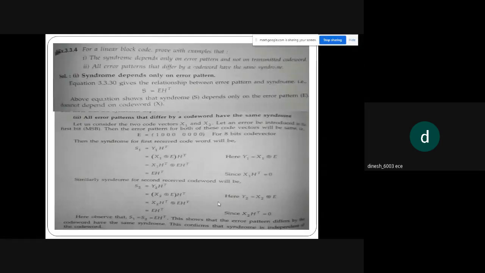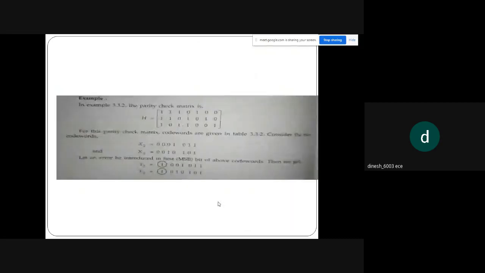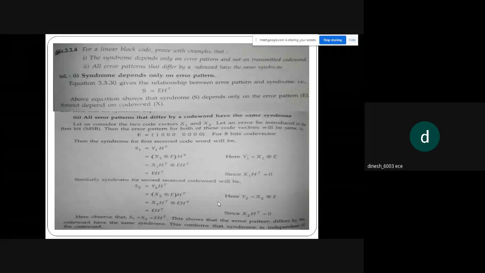And second, all error patterns that differ by a code word have the same syndrome. So these are two proofs to be done. We know that S is equal to E H transpose. Just now I explained how we got S is equal to E H transpose. So this itself shows that S depends only on the error pattern E, not on the code word X. And second, all error patterns that differ by a code word have the same syndrome. Let us see how.